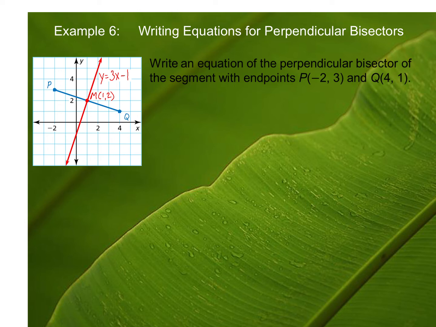And I've also graphed the perpendicular bisector. However, on your homework and maybe on your quiz or your test, it won't be graphed for you. You're going to have to figure out what the graph looks like. So technically, step number 1 would be to graph the ordered pairs of P and Q and create that segment.